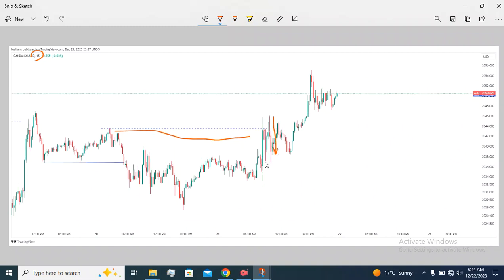This is gold. I don't know exactly how many pips there were. Let's try to estimate. Let's say this guy fell to 2037. Take away, let's say the order was mitigated right there, 2037. Then this one is 2045. 2045, then 45 minus 37, that is 8.